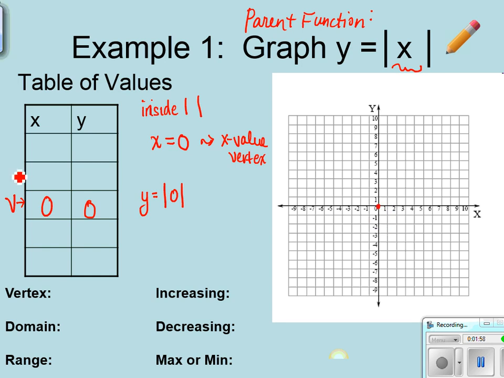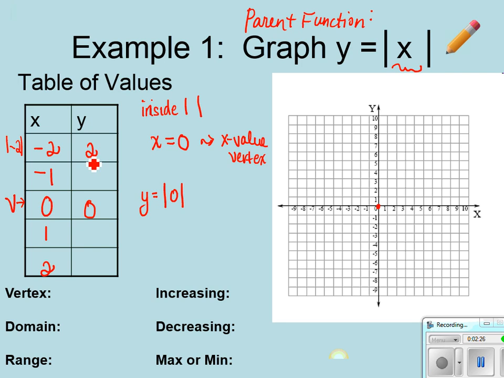Okay? Now we're going to do some points below 0 and above 0. We have to find the vertex first. If we don't find the vertex first, then we won't have the graph we need. So now I'm going to do -2 and -1 and 1 and 2. So the absolute value of -2 is +2.